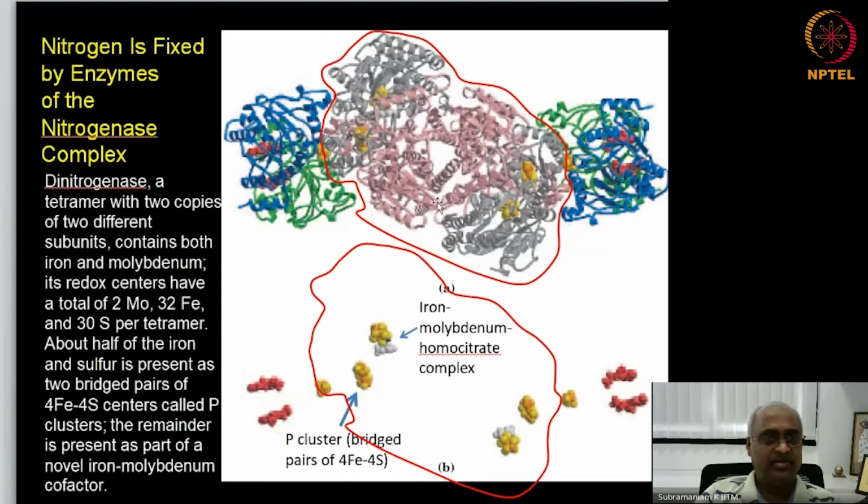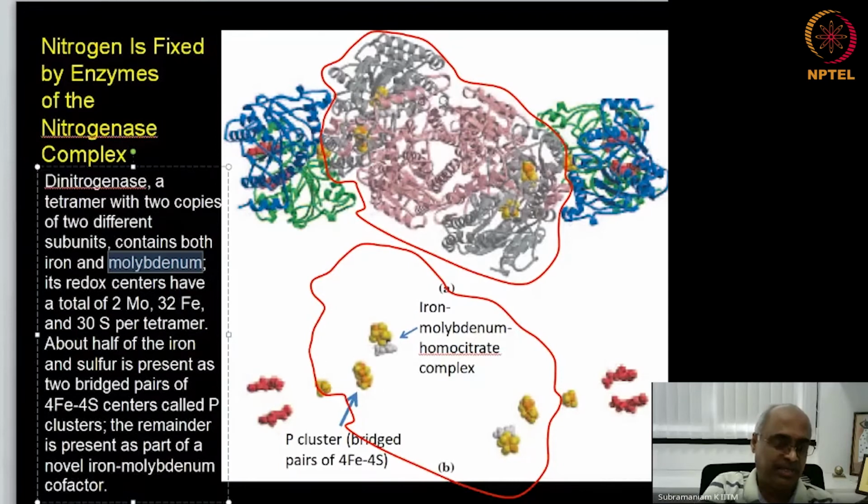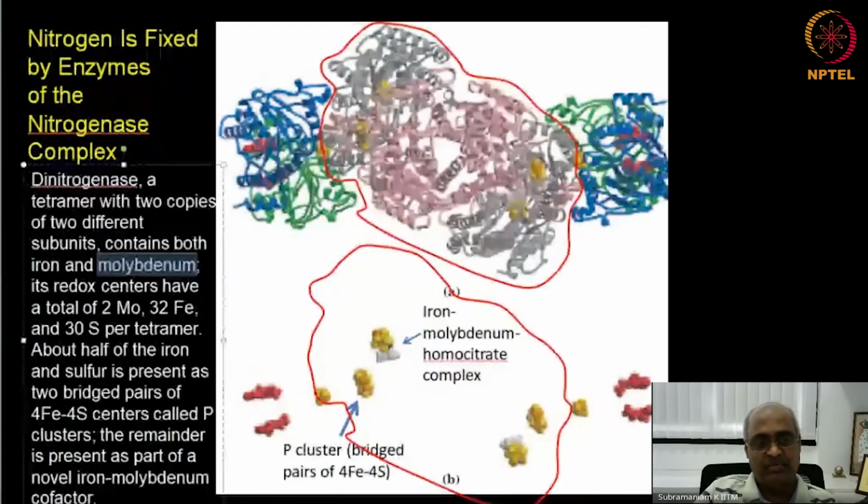Now let us look at the dinitrogenase complex. I told you it is a tetramer. It has 2 copies of 2 different subunits. And now we encounter a new metal ion, molybdenum. We have seen manganese, magnesium, and iron, and now we are seeing molybdenum.